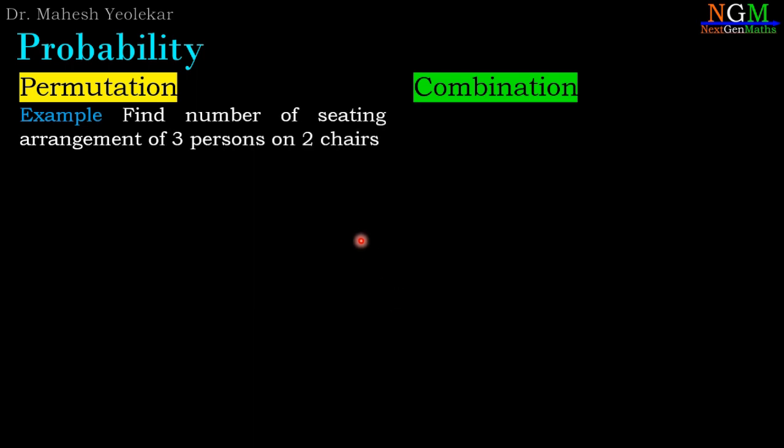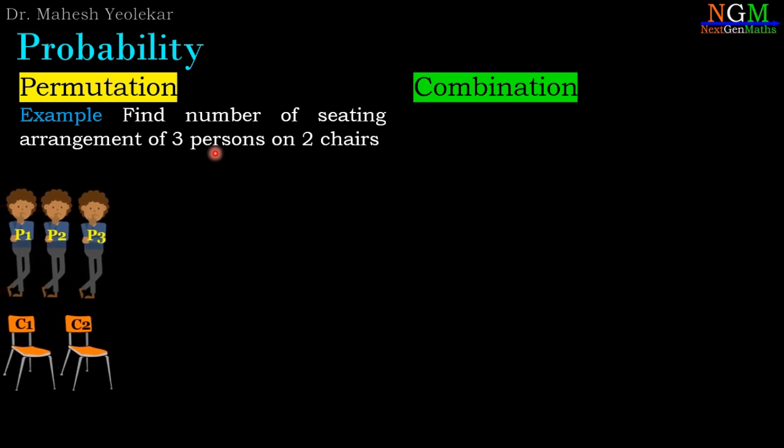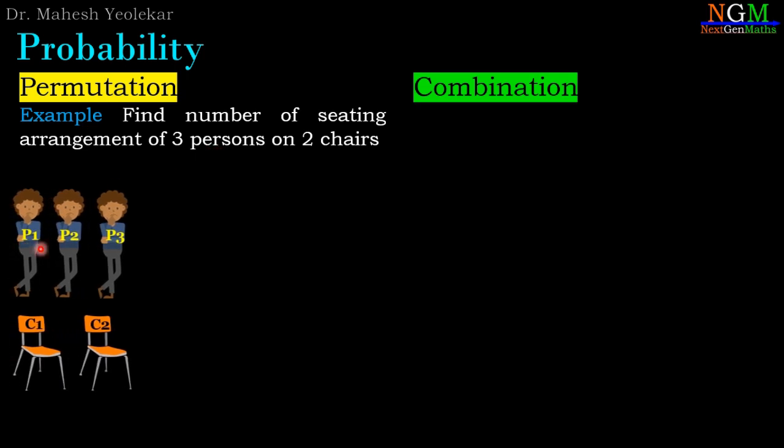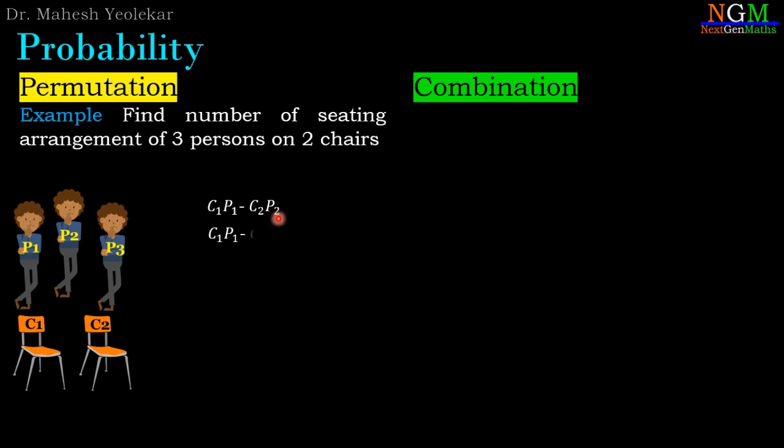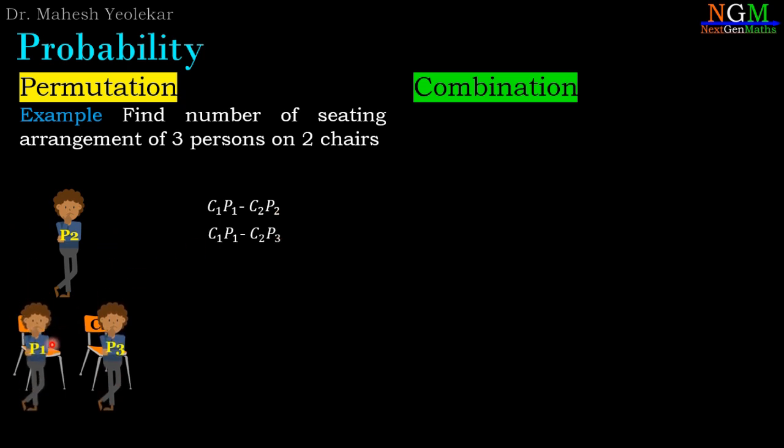Example: find the number of sitting arrangements of 3 persons on 2 chairs. We are given 3 persons P1, P2, P3 and 2 chairs C1 and C2. So we are going to find the sitting arrangements of P1, P2, P3 on C1 and C2. In the first possibility, C1 is allocated to P1 and C2 to P2. So C1 P1, C2 P2 is the first arrangement. In the second arrangement, we allocate C1 to P1 and C2 to P3.